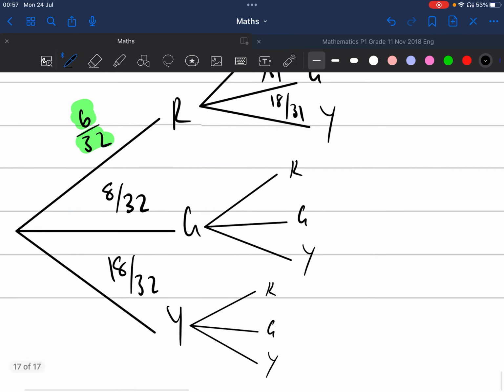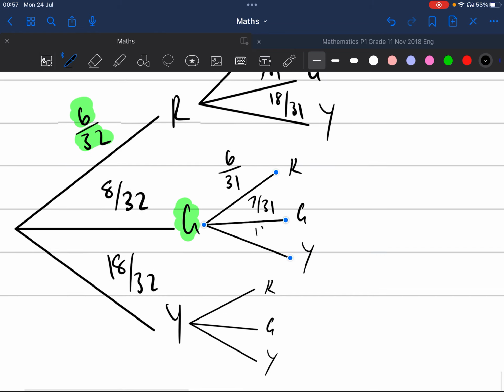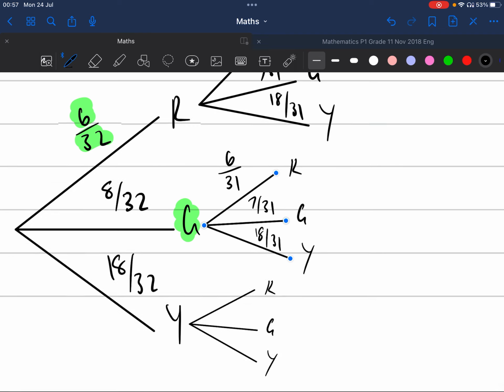Okay, now let's say I picked green first. Now my probability of getting red is still my initial number of red balls, which is 6. Okay, so 6 over 31. And then green, now it's 1 less, so now it's 7 over 31. My yellow, that hasn't changed, still 18 over 31.